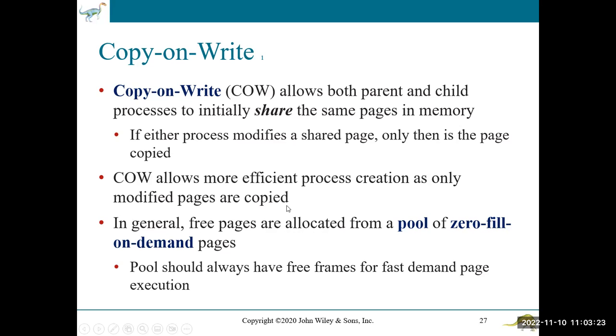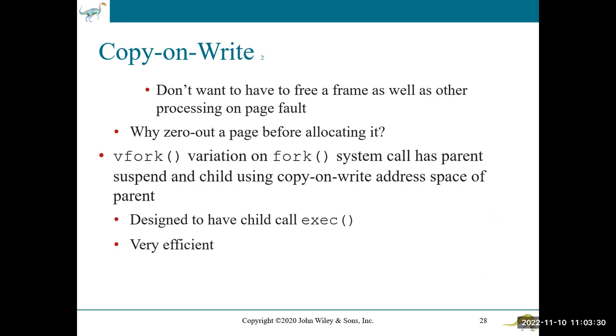Any questions about copy on write and what it is? So this is a convention that helps with fork when you have parent-child processes, right? So copy on write would help with this aspect of process management.